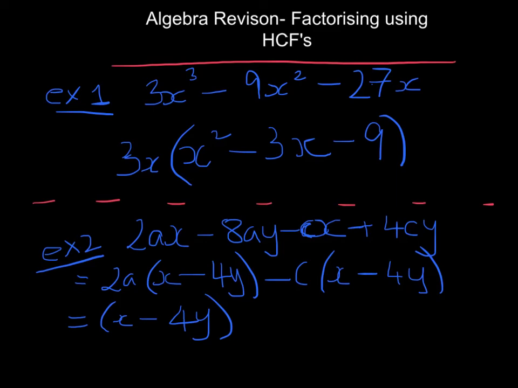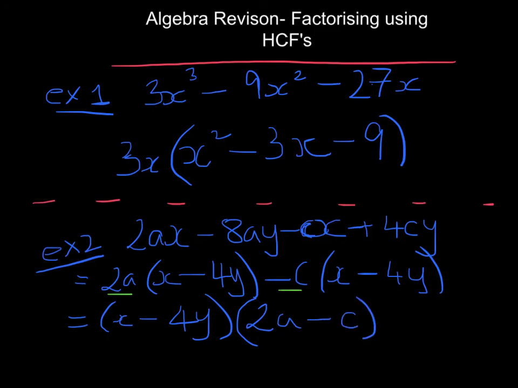They are the factors I took out to begin with. These are my original factors, and they make up my second bracket because they're both being timesed by this factor here. So if I take it out, I need it in a bracket because they were being timesed. So I've got 2a minus c.